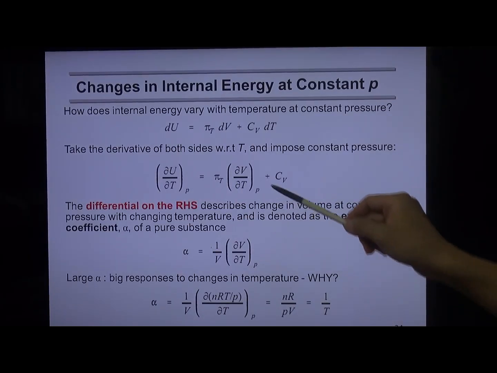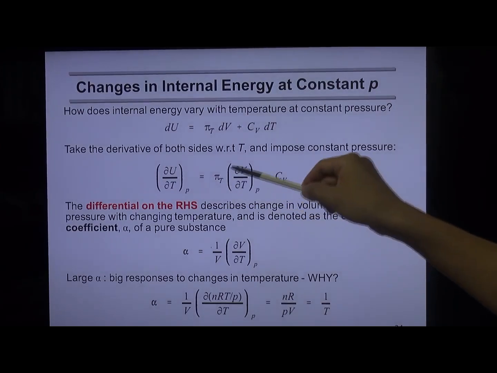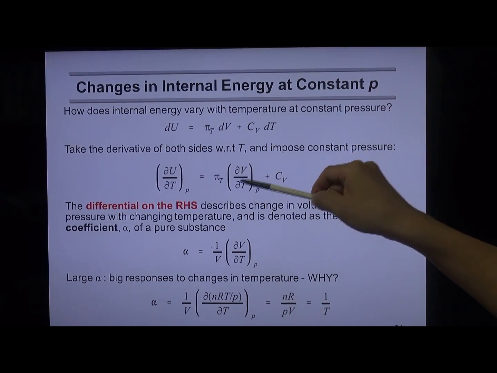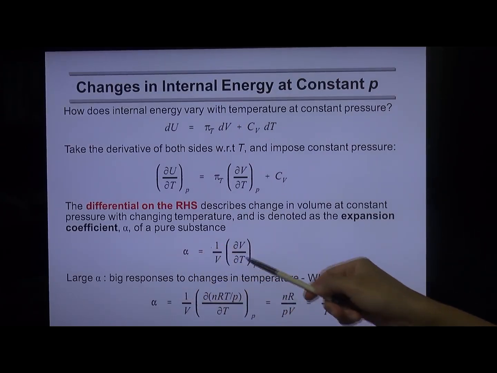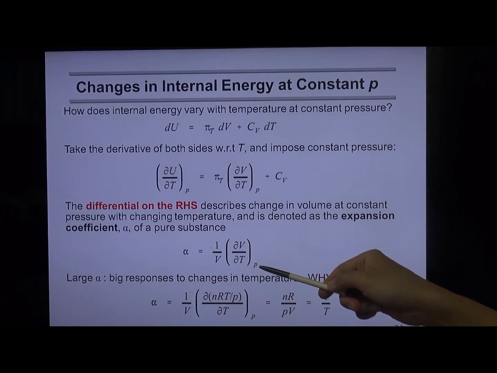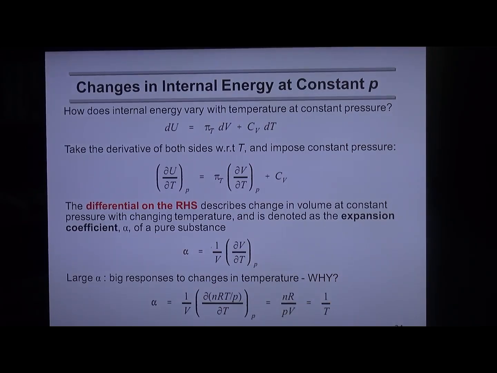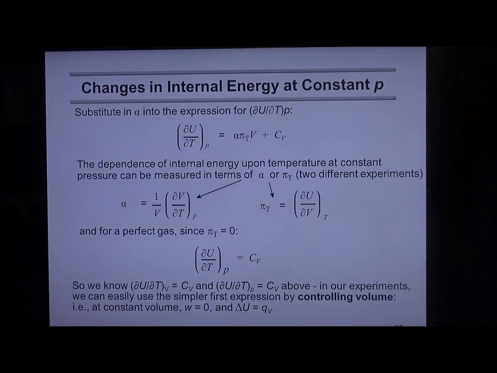Here you have a partial derivative, something like this: how volume changes as a function of temperature at constant pressure. Actually, it is denoted as expansion coefficient alpha. The definition of alpha is 1 over V round V round T at constant pressure. Okay? So if you put this in here, you get this.